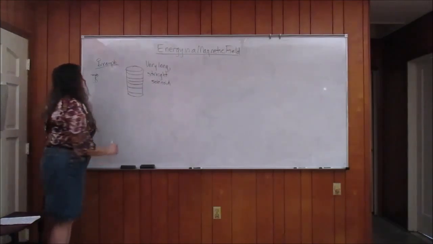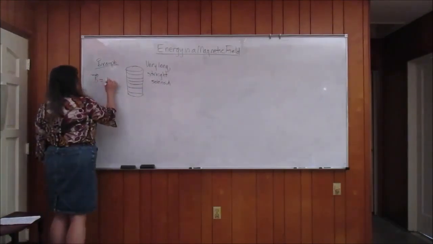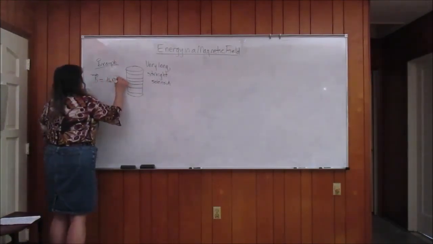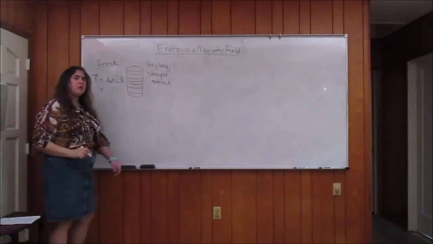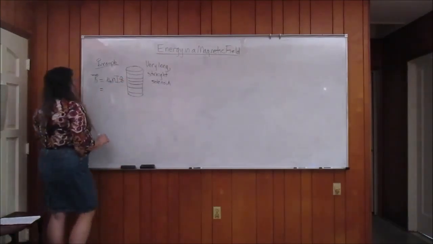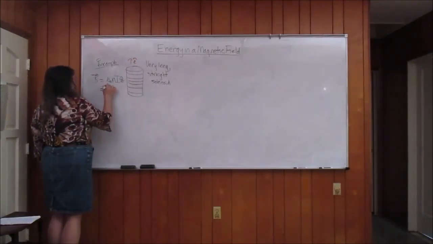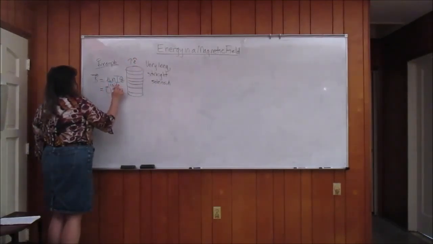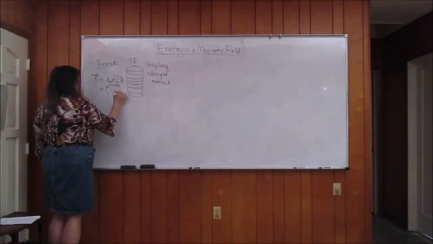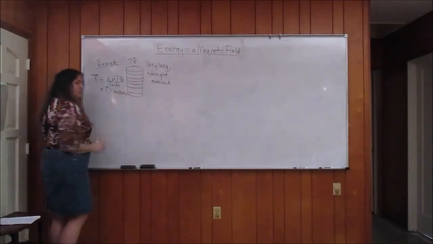Therefore, the magnetic field inside is equal to μ₀ times the number of turns per unit length times the current in the z direction. And 0 outside.